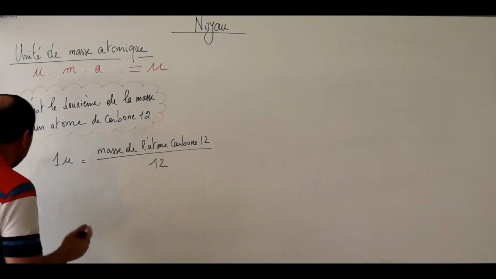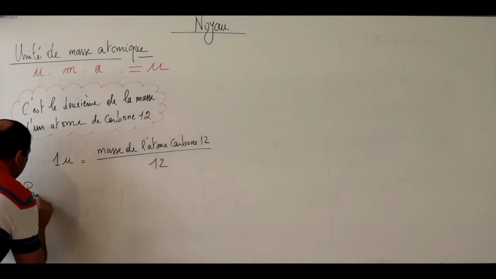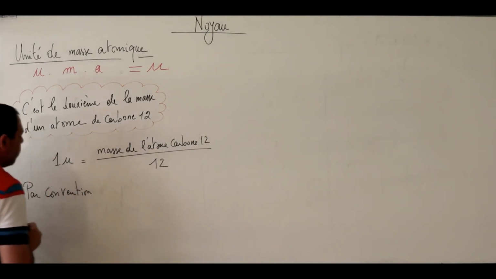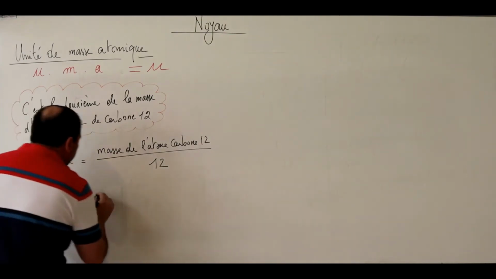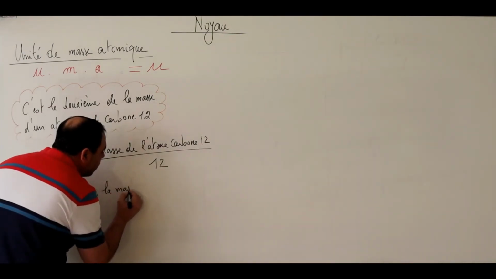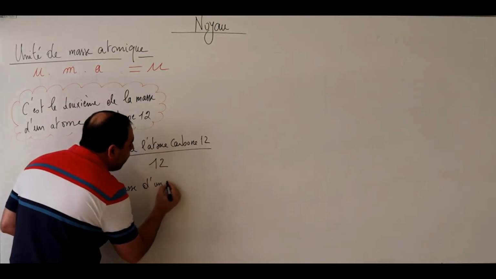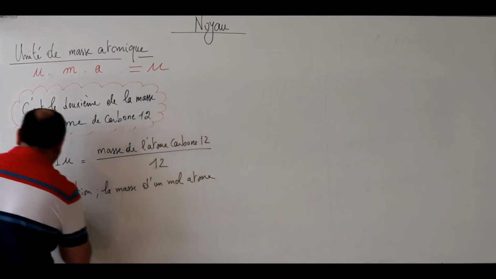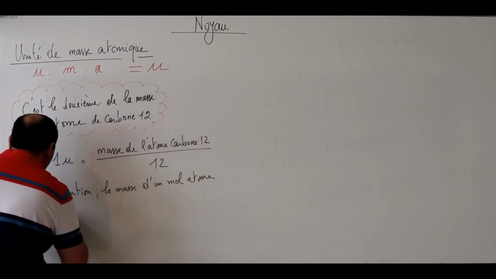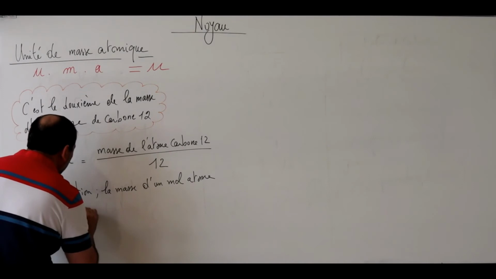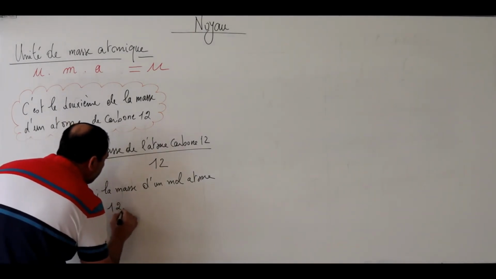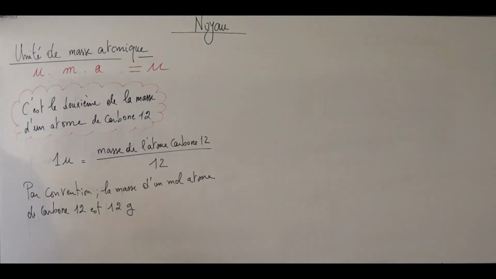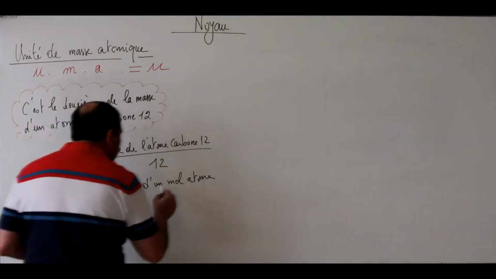How can we determine this? By convention, the mass of 1 mole of carbon-12 atoms is 12 grams.